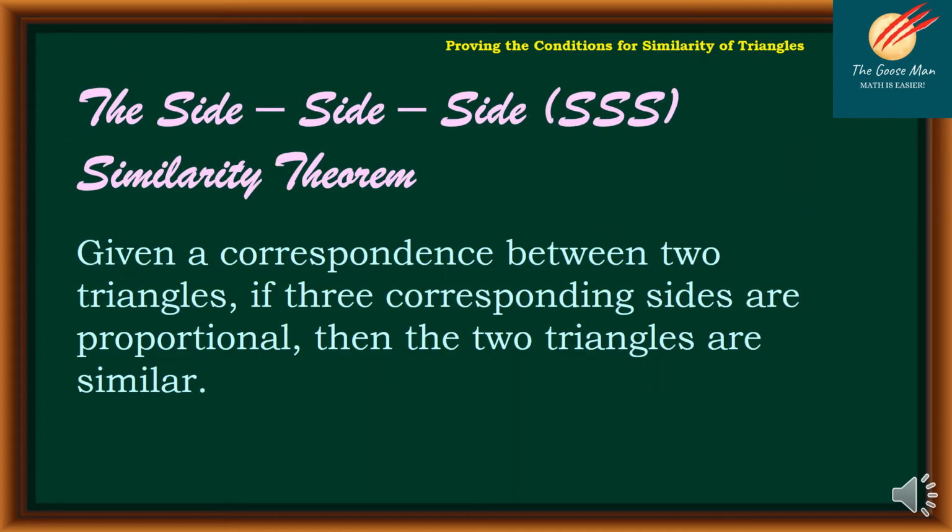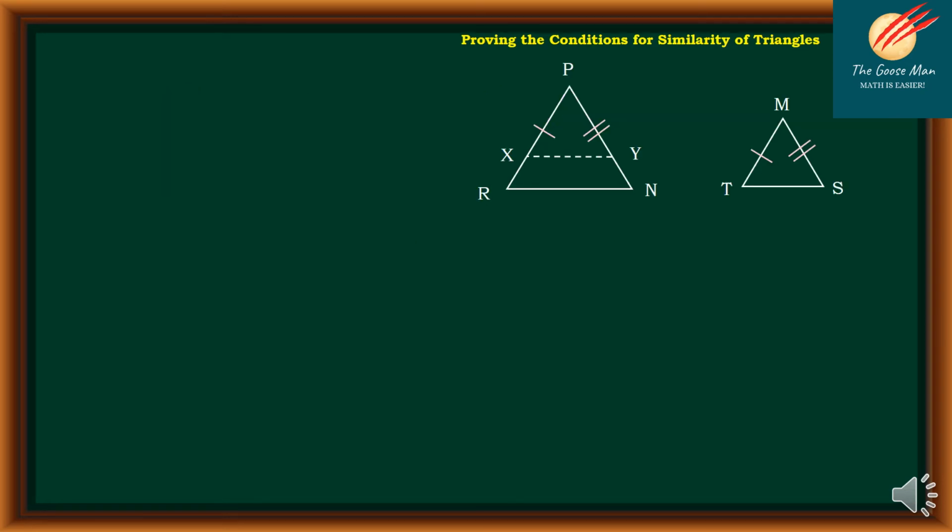Alright, so let's move on to the side-side-side, or SSS, similarity theorem. It states that given a correspondence between two triangles, if three corresponding sides are proportional, then the two triangles are similar. To illustrate that, let's look at the triangles on the right side.